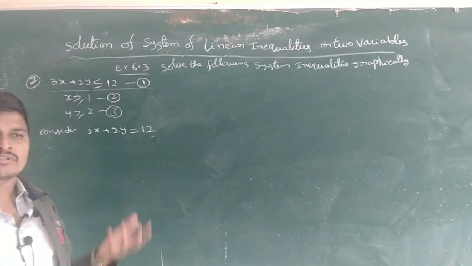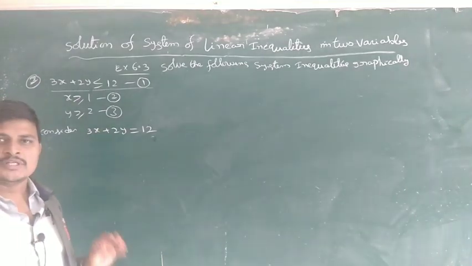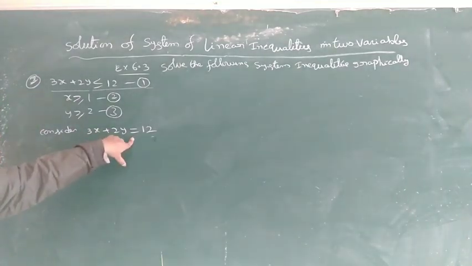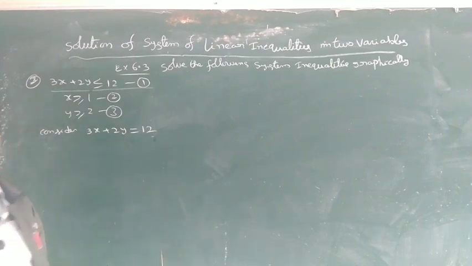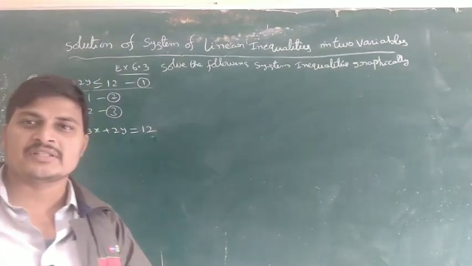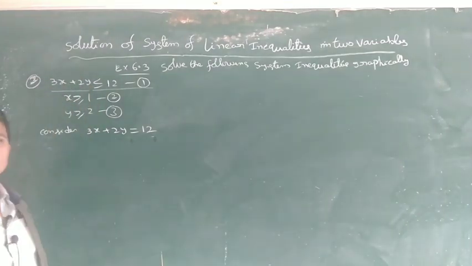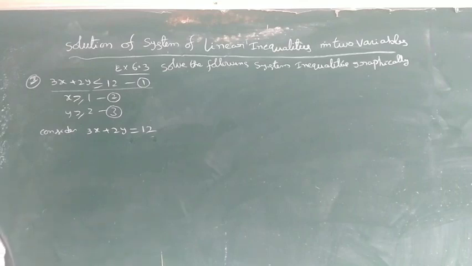Greater than 12 means 13, 14, any value. So the inequality cannot be solved; you can solve only equations. That's why it is taken as equality.